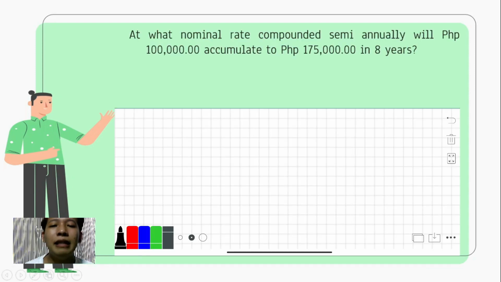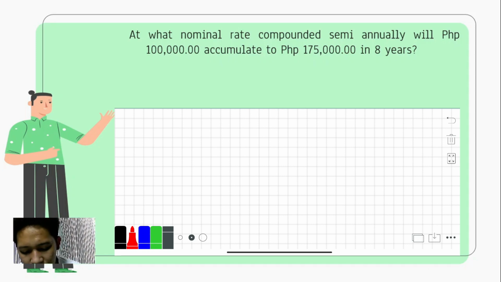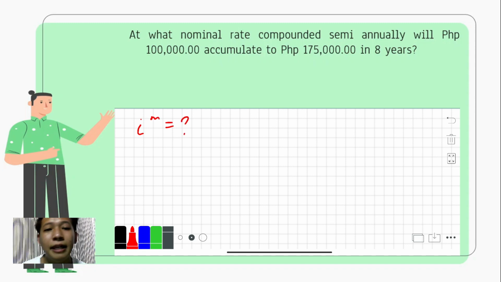Okay, so we'll be having this one. At what nominal rate, compounded semi-annually, will 100,000 pesos accumulate to 175,000 pesos in 8 years? So, ang hinahanap po natin is the nominal rate. So, si I raised to M yung hinahanap natin. Sabi dyan, compounded semi-annually.